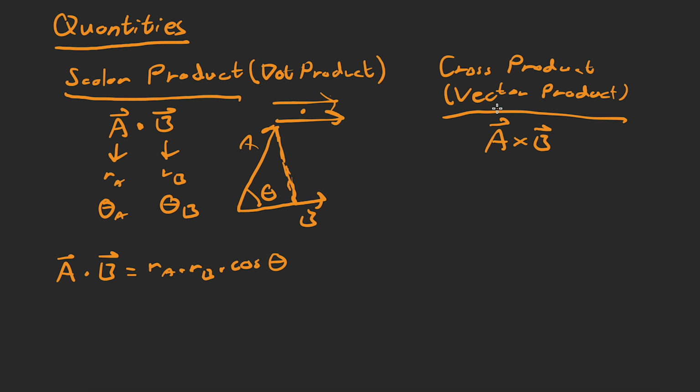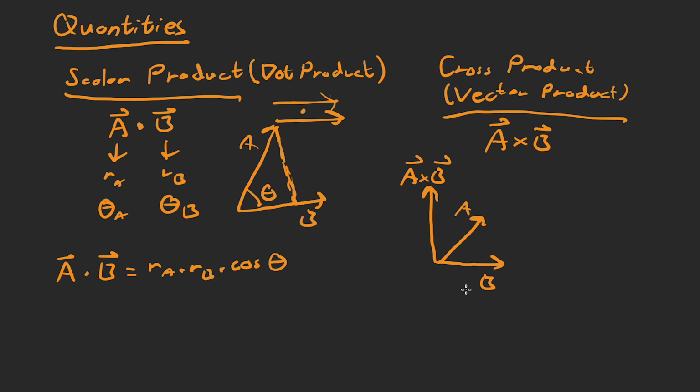For the cross product, if you're working with a two-dimensional system, you need 3 dimensions, because the resulting vector is going to be in that third dimension. What I mean by that is, let's say that this is our vector A, this is our vector B, this is going to be our cross product.